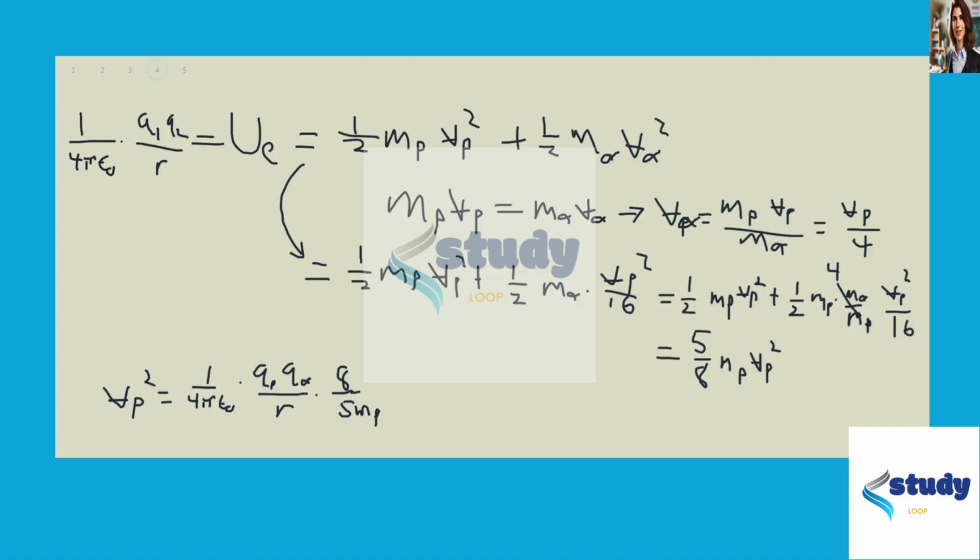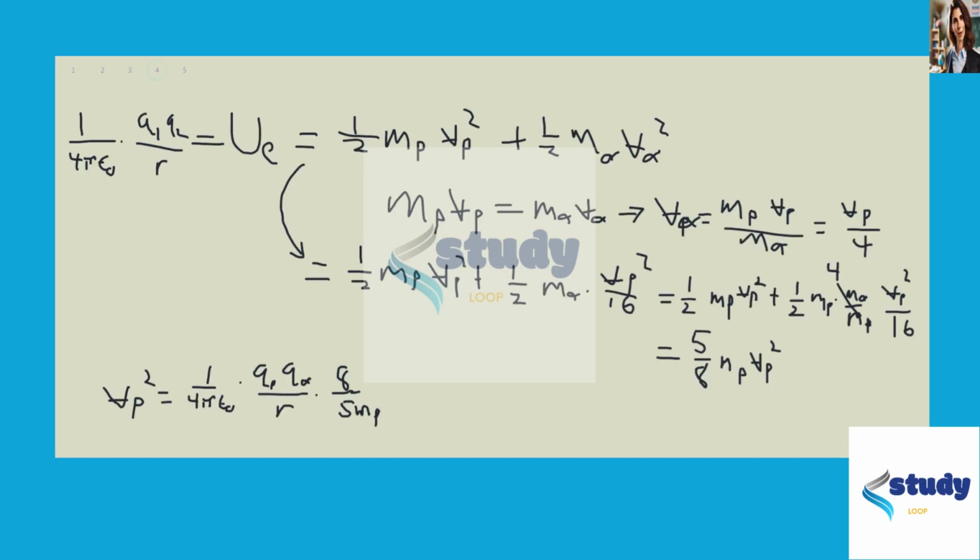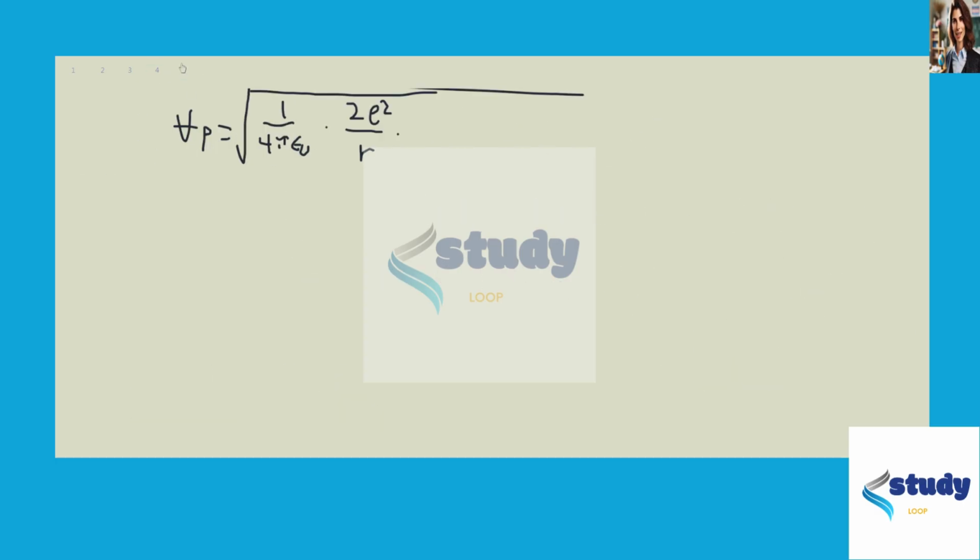The alpha particle's charge is just 2 times the electron charge. The proton's charge is 1 times the electron charge. Okay, that's all divided by R, and then you have to multiply by 8/5 MP over 5 MP. Okay, so now we just need to plug in some numbers.